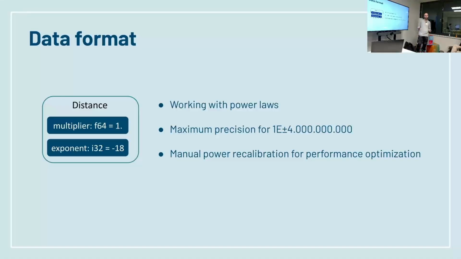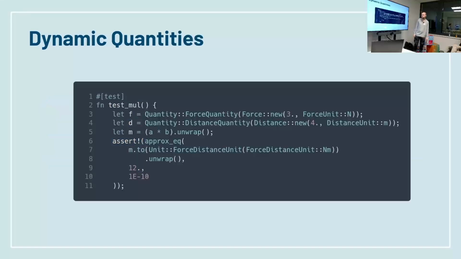The only point which we have to care about is you sometimes have to rebalance the power so that the multiplier gets smaller again, smaller in magnitude, to get back to reasonable numbers. You don't want to do that every time because that involves calculating a logarithm and that's expensive. But if you manage that, you get pretty accurate results.